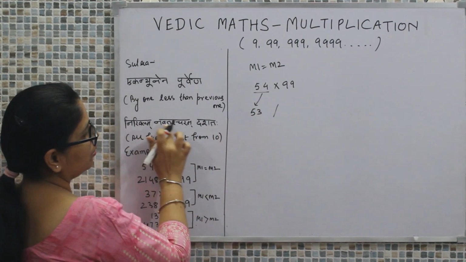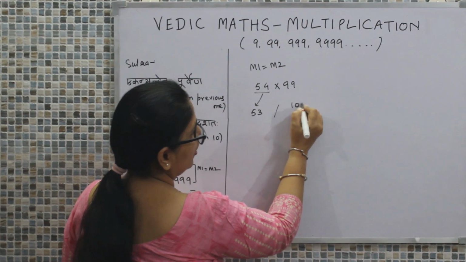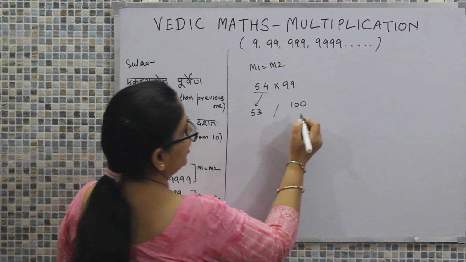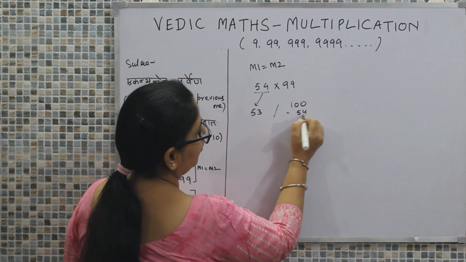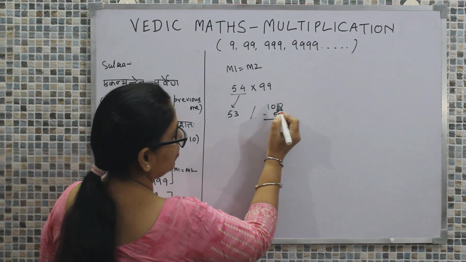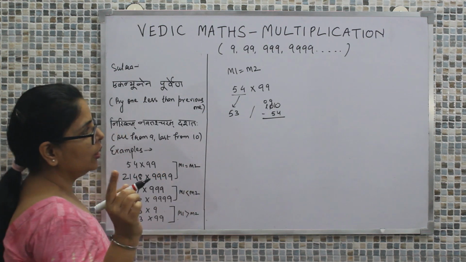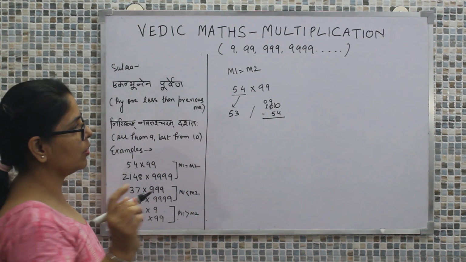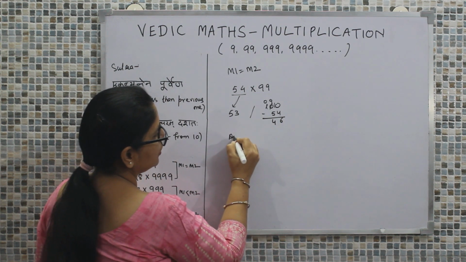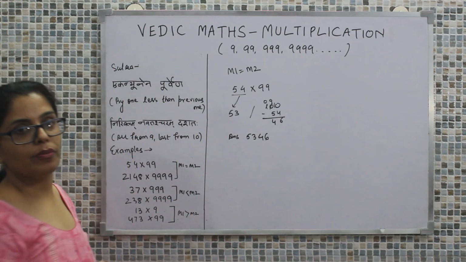Now using Nikhilam Navatashcaramam Dashatah, we use the value of 100 and subtract 54 from it. So by using Nikhilam Navatashcaramam Dashatah, this will be 6 and this will be 4. So the answer is 5346.